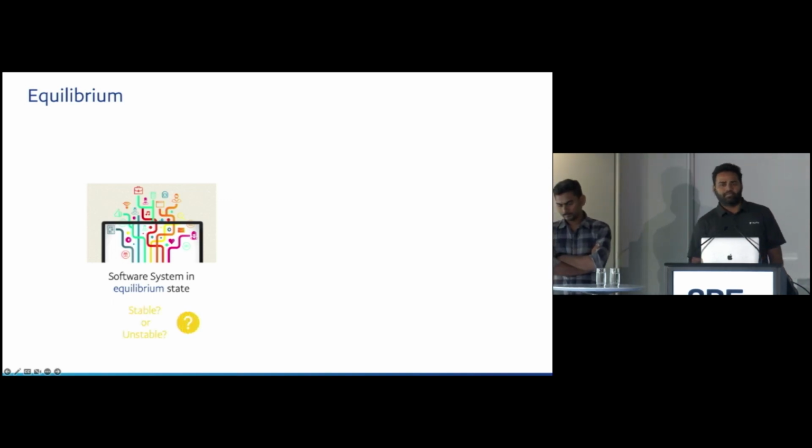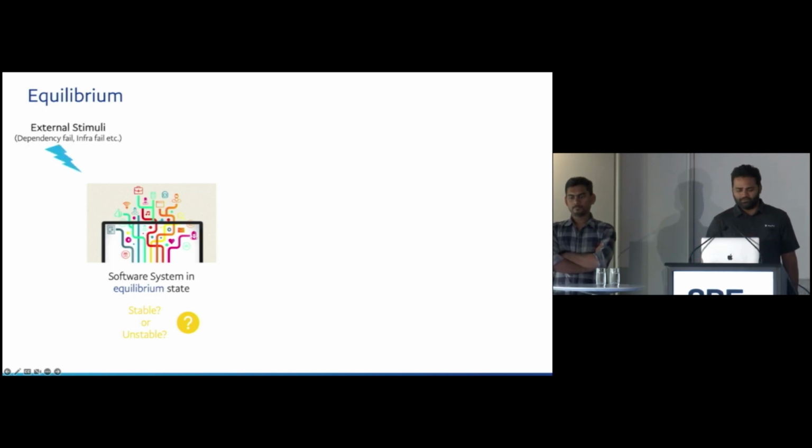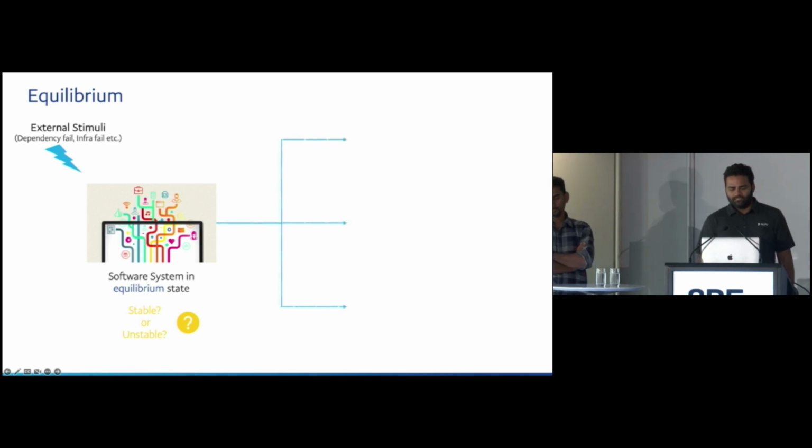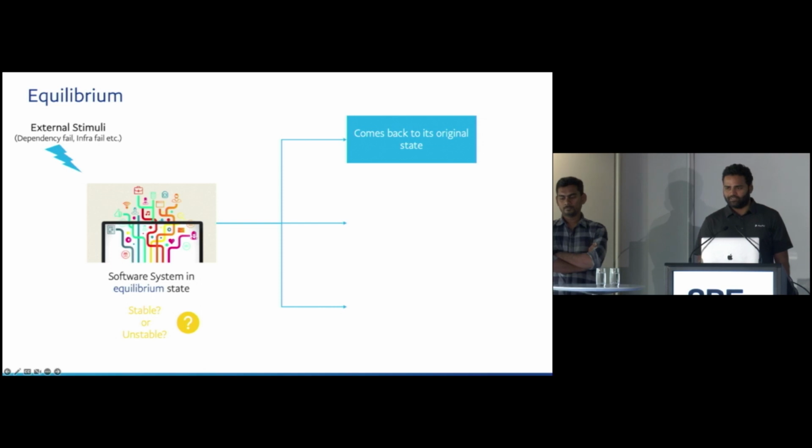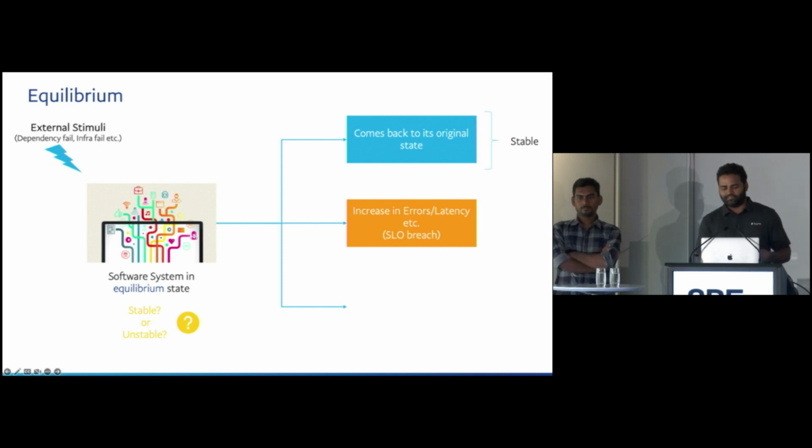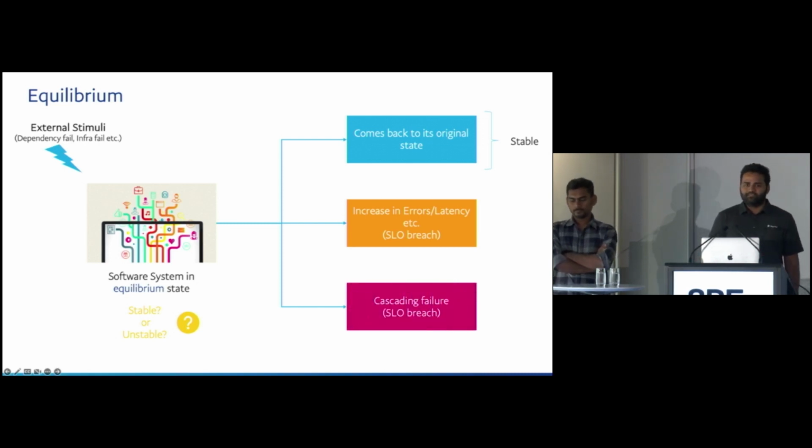When we apply any external stimuli like dependency failure or some infra failure, there is a good chance that sometimes they come back to their original position. That's when we stay in stable equilibrium. Otherwise, if there is an increase in errors or latency, or some cascading dependency failure, that's when we say they are in unstable equilibrium.